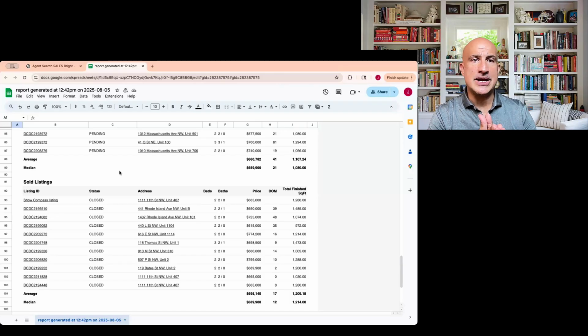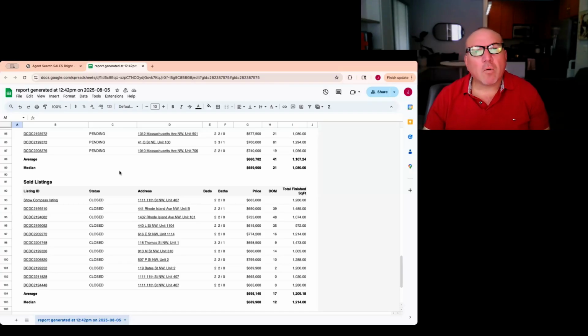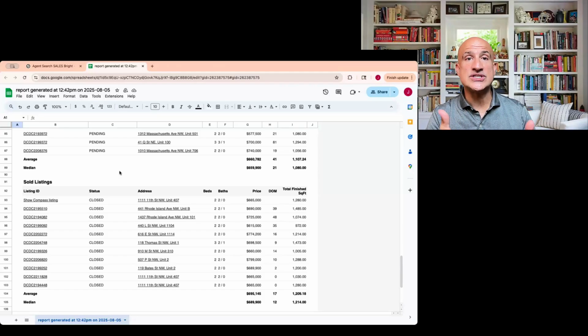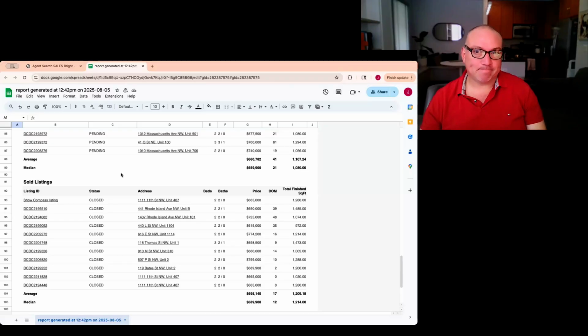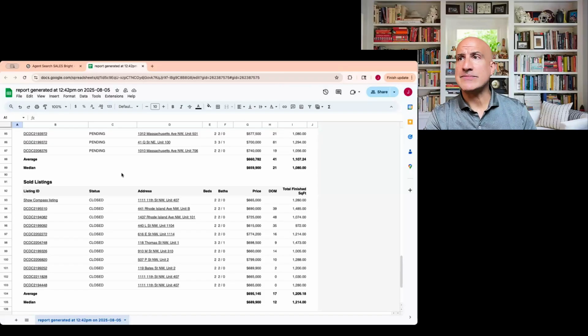In the small condominium market, I ran one for studios and 1 beds in Southeast Capitol Hill that was less than 10%. I think it was 9.8%, which is incredible, right? Only 1 out of every 10 condos is selling.